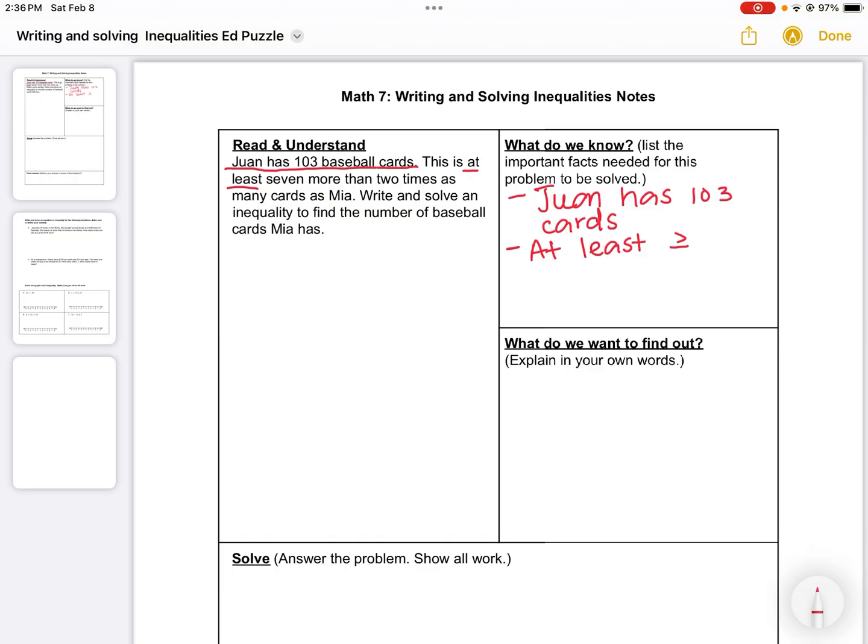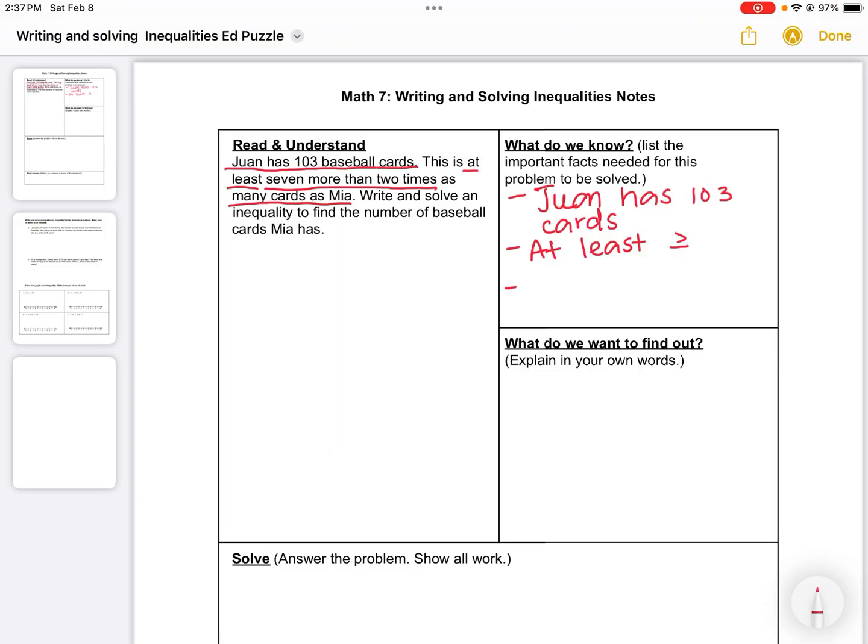The last thing that I need to make sure that I know is how many cards does Mia have? I don't know the exact number. However, in the second sentence after the words at least, it does tell me a description. It says that he has at least 7 more than 2 times as many cards as Mia. So I need to write down this description, and this should be the last important thing that I need to know in order to write and solve this inequality.